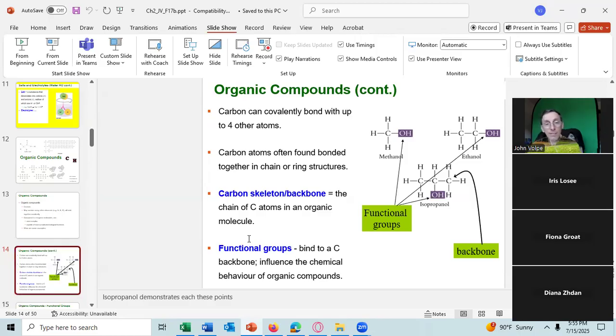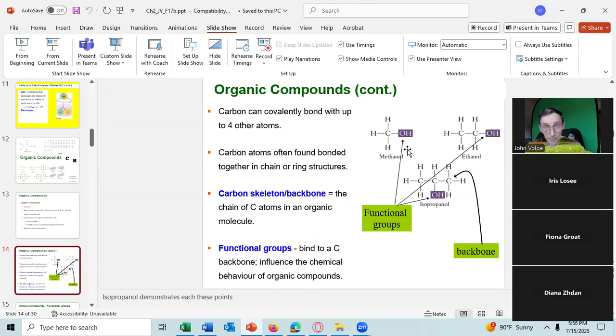Organic compounds often have functional groups in them. These functional groups bind to a carbon, and the functional groups influence the chemical behavior of an organic chemical compound.